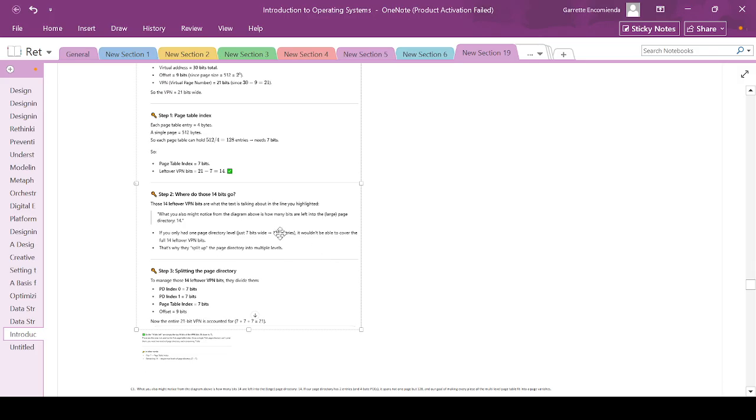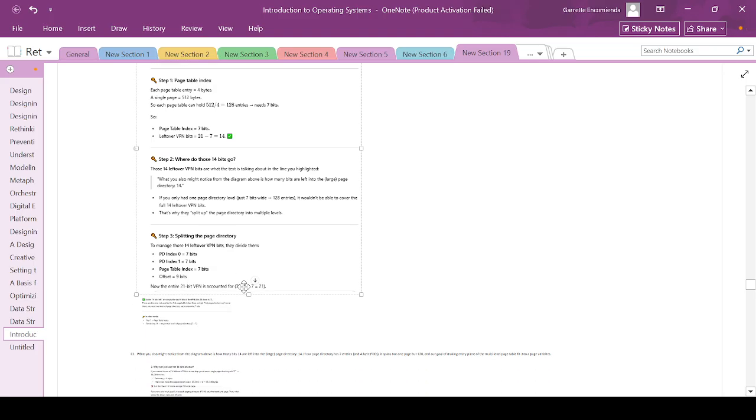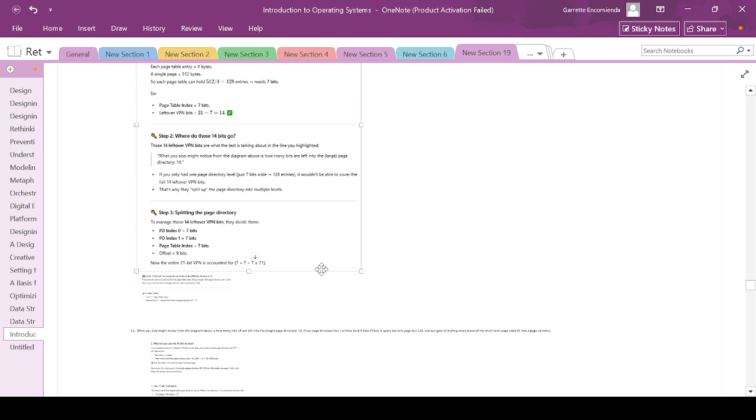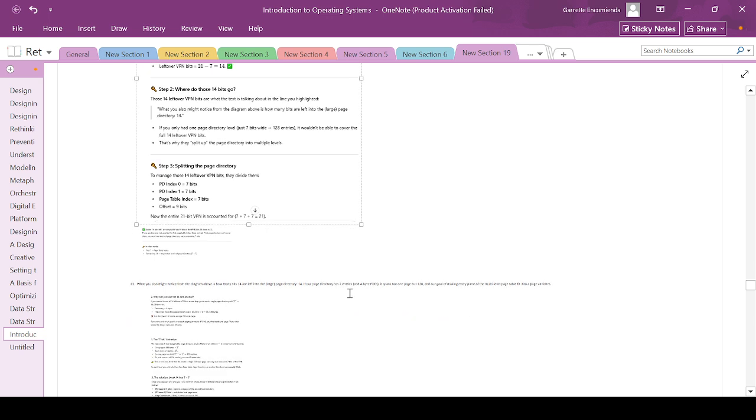It wouldn't be able to cover the full 14 leftover VPN bits. We still have 7 bits remaining. That's why we split the page directory into multiple levels.